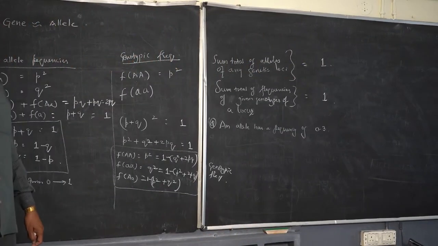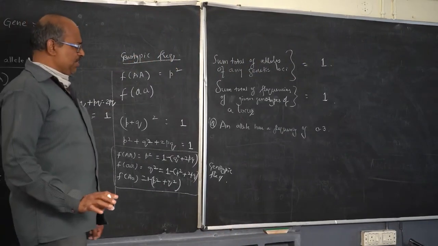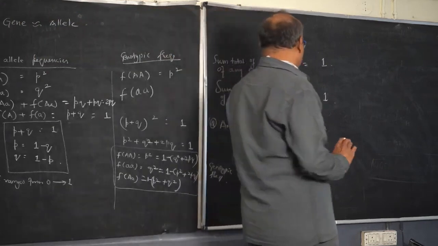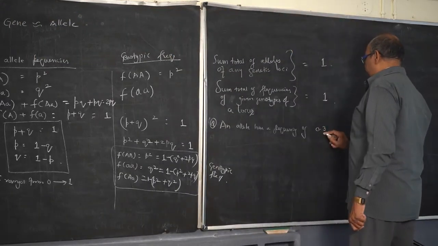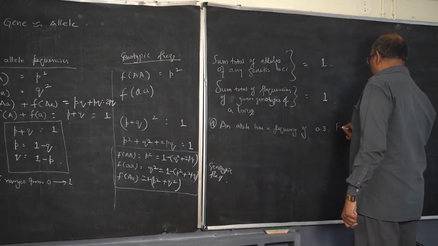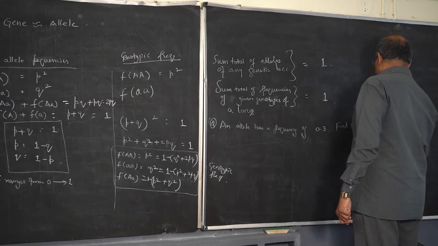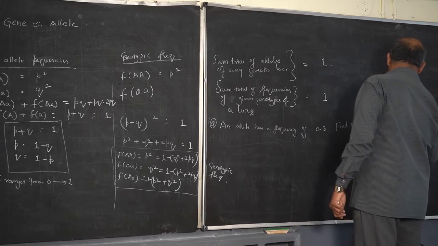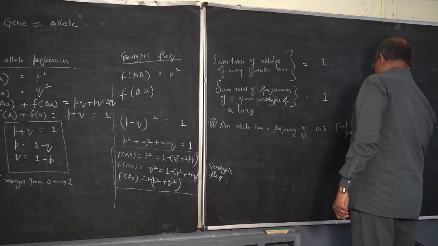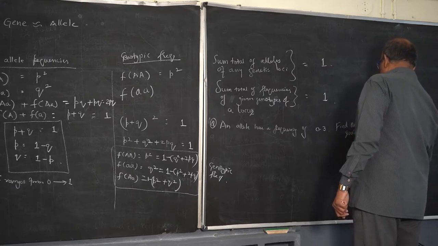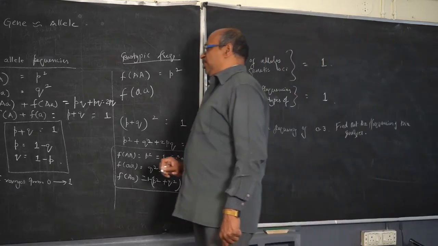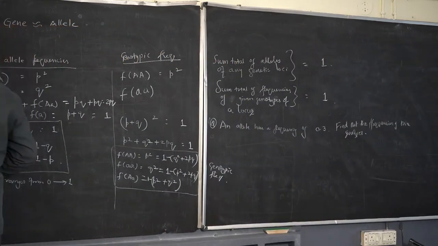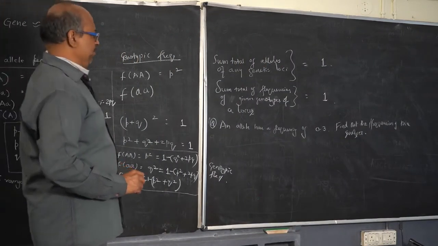So let us take into consideration a two-allele system, where one allele frequency is given as 0.3. Find out the frequencies of genotypes. So you have to find out the 3 genotypes: capital A capital A, capital A small a, small a small a.